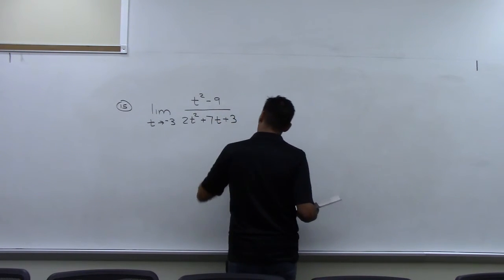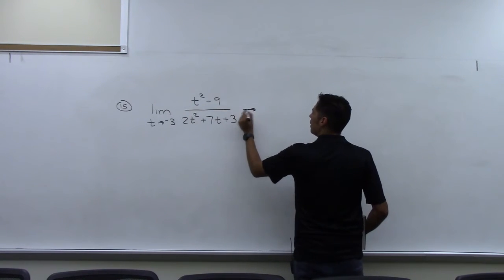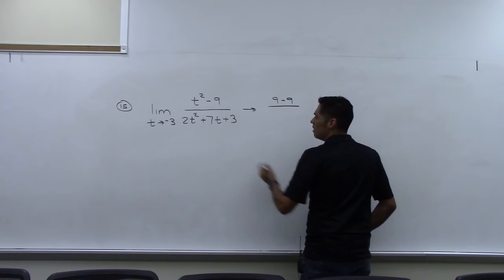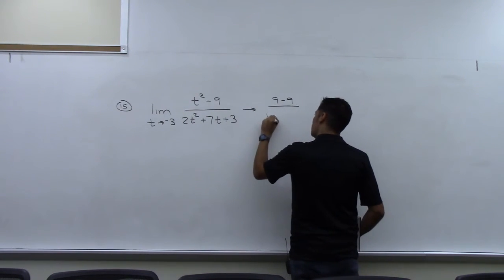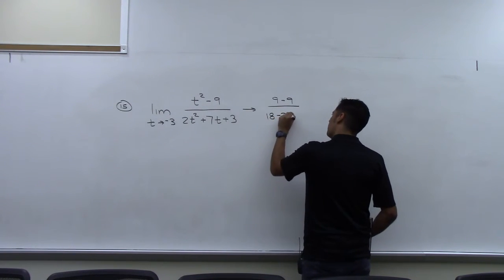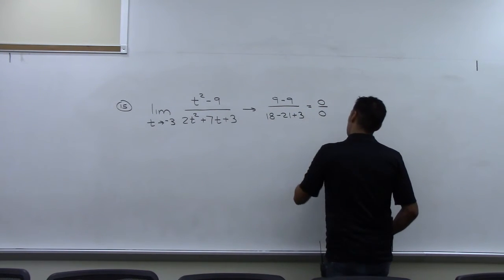So I'll do a quick little plug-in. If I plug in negative 3 squared is 9, I get 9 minus 9, that's 0. Negative 3 squared is 9, times 2 is 18, so I get 18. 7 times negative 3 is negative 21, and then plus 3. And this gives me 0 over 0, and that's bad.